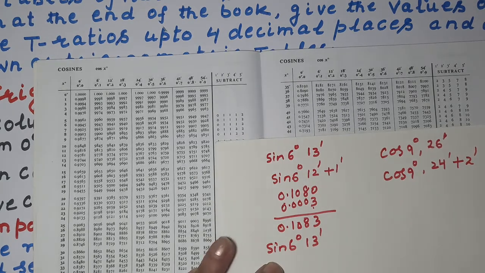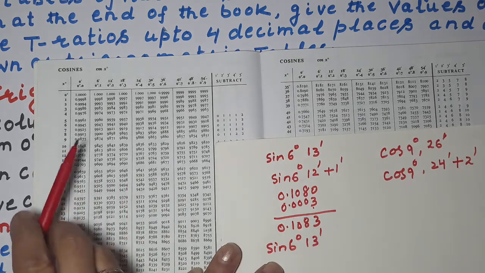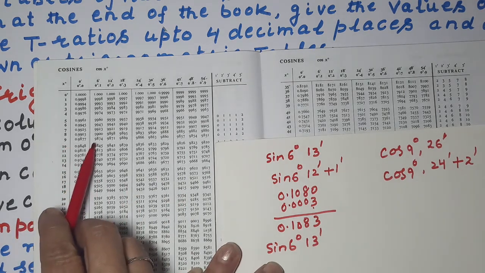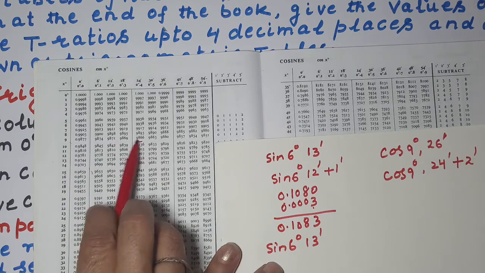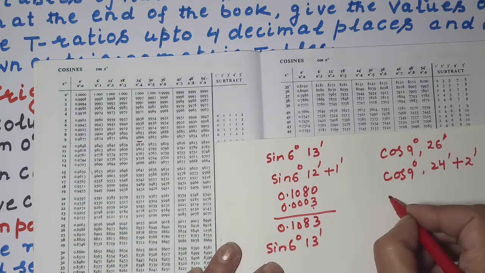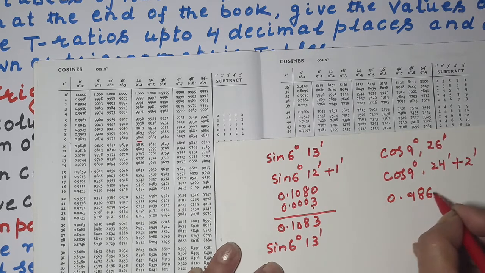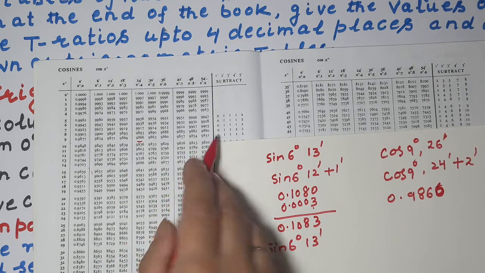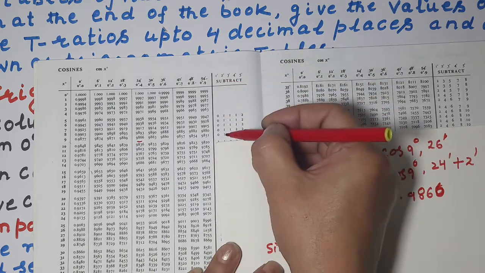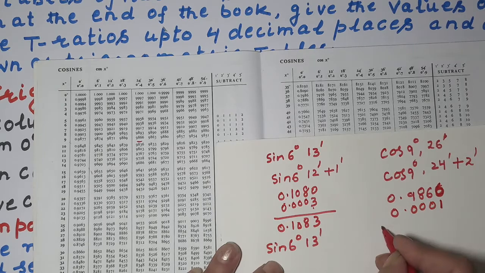Fine. So we will find the value of cos 9 degrees under 24 minutes. Cos 9 degrees under 24 minutes is 0.9866, and mean difference is 2. So what is under 2? We have 1 under 2. So this time we will subtract this mean difference.